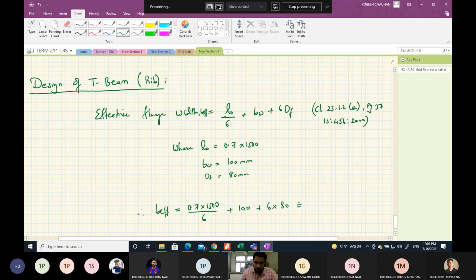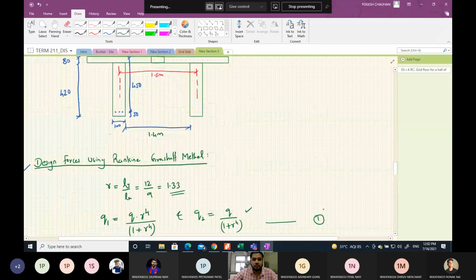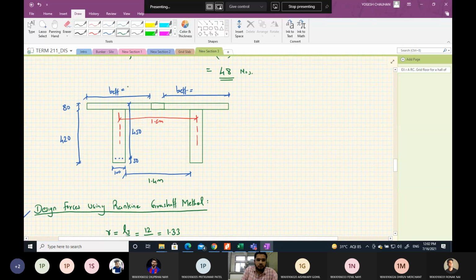That is 755. So the effective flange width of this section is 755.